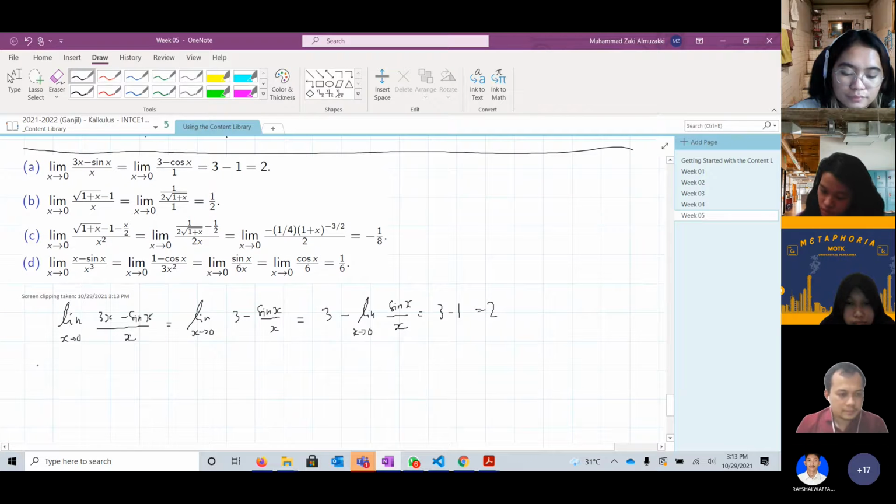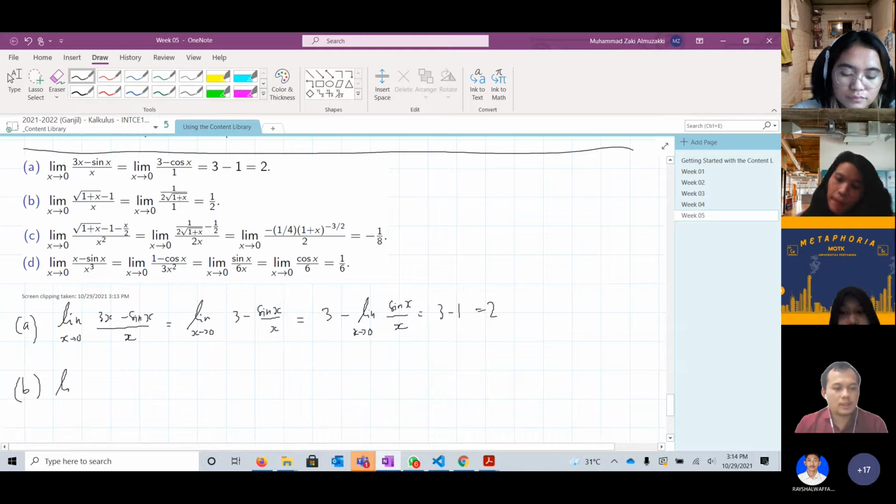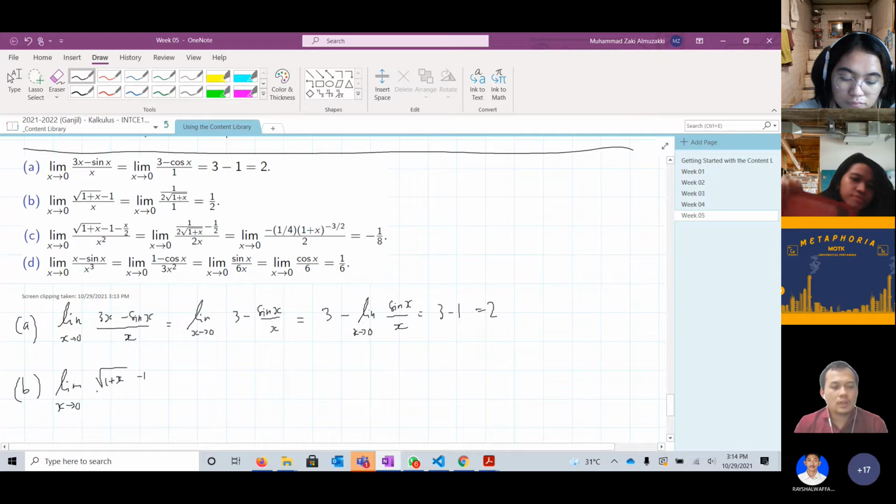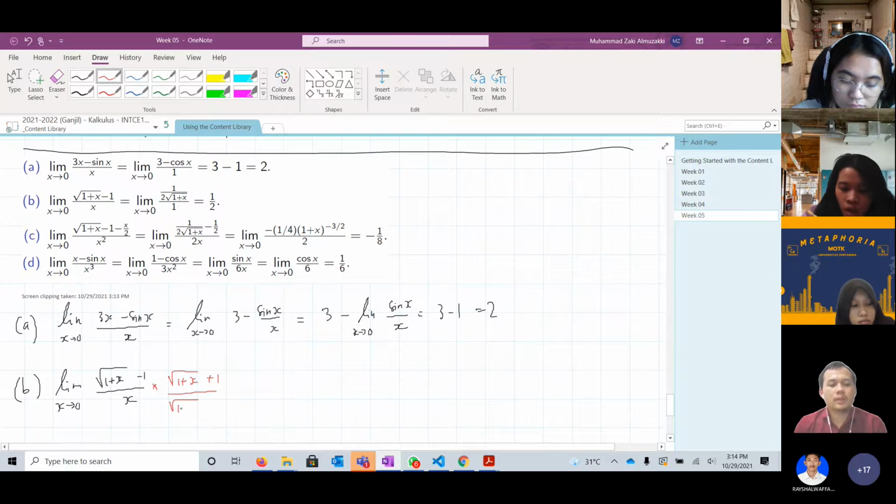And for B, we have the limit as x goes to 0 of square root of 1 plus x minus 1 over x. We multiply both numerator and denominator by square root of 1 plus x plus 1 over square root of 1 plus x plus 1.